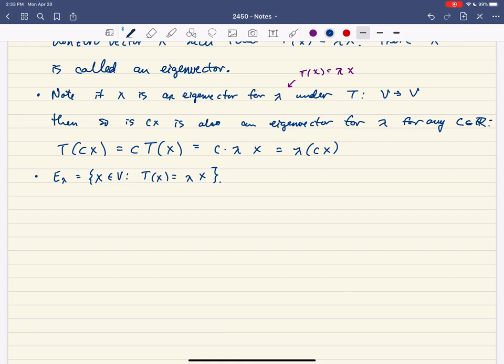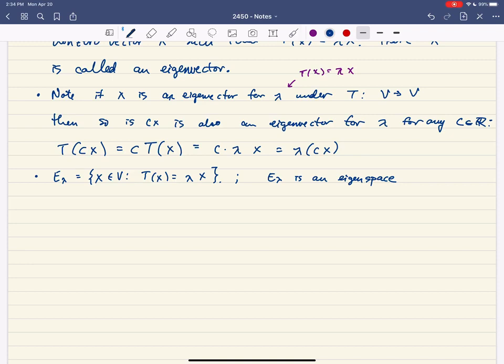So this is what's called the eigenspace, the set of eigenvectors for the eigenvalue lambda. E sub lambda is the eigenspace for the eigenvalue lambda.